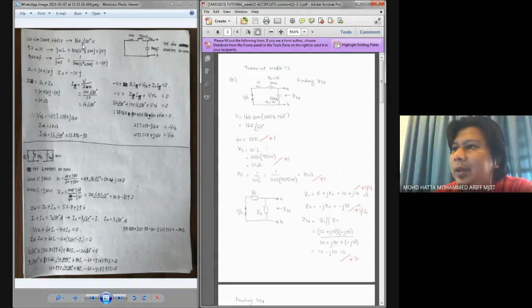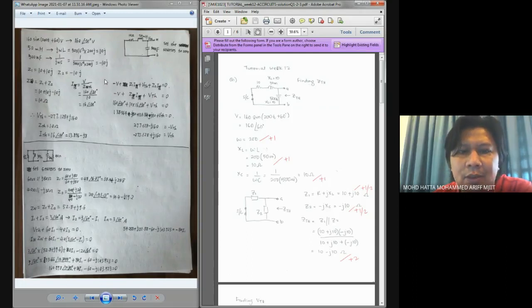Anyway, we proceed. If you would like to solve this one, looking at the question, all the components inside the circuit are given in their original values.